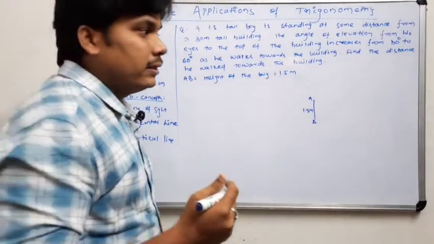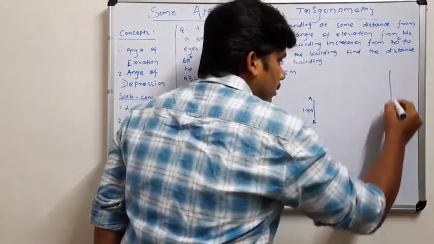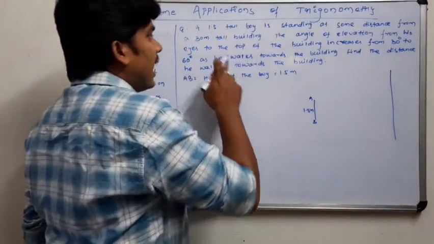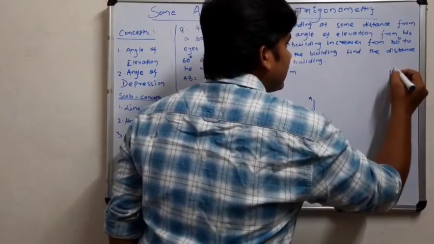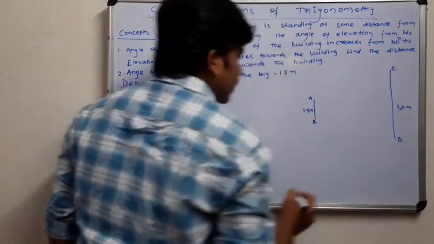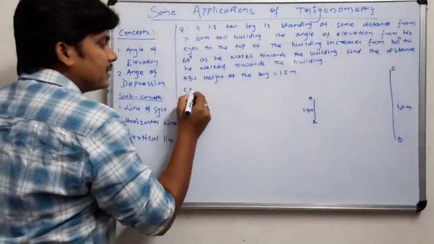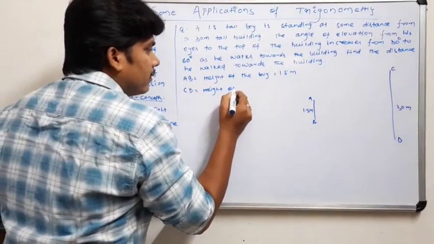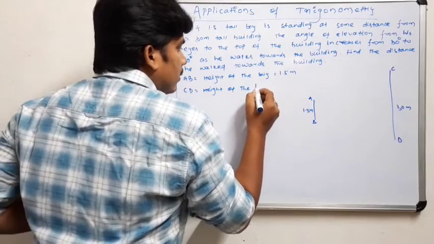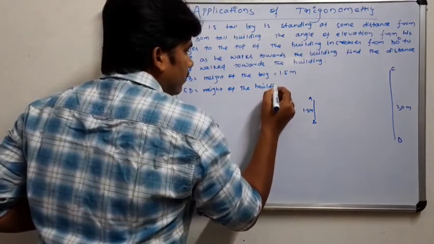In front of that there is a building whose height is given as 30 meters, and I am naming this building CD. I am again writing CD equal to height of the building, which is 30 meters.